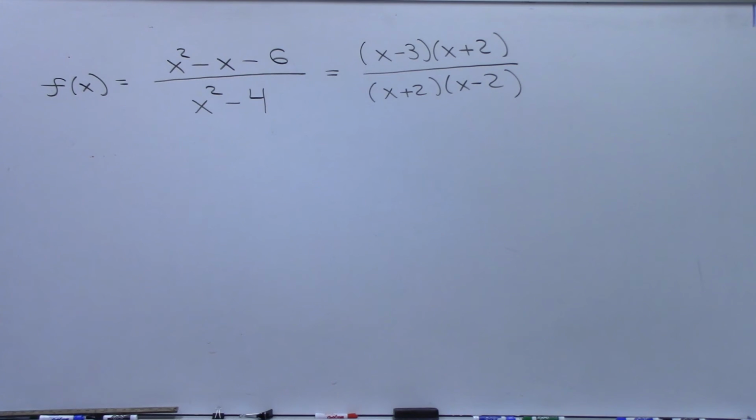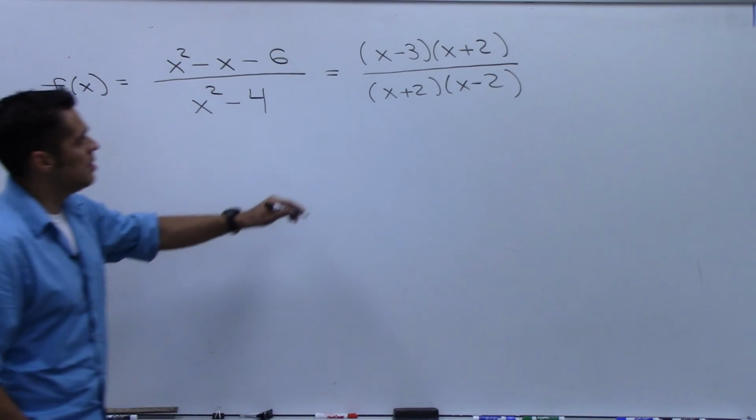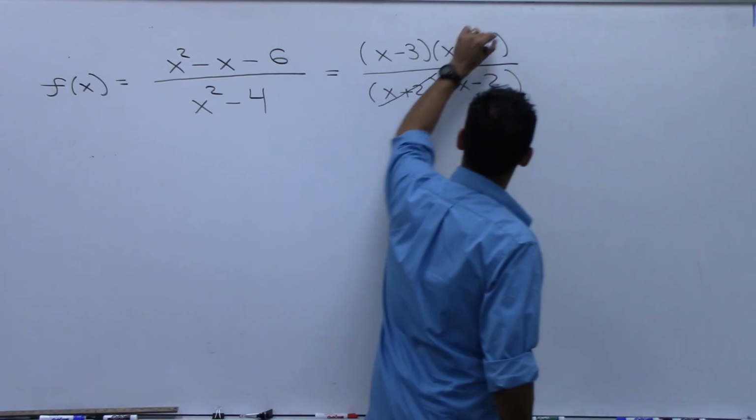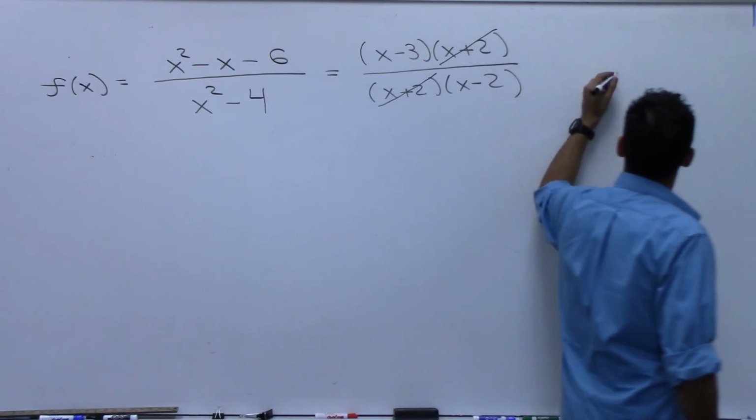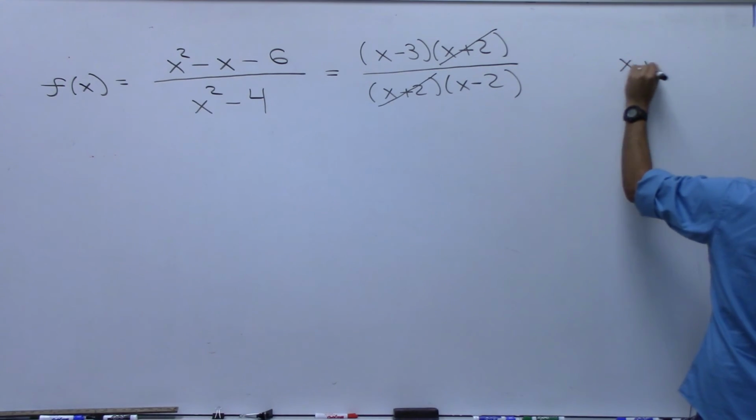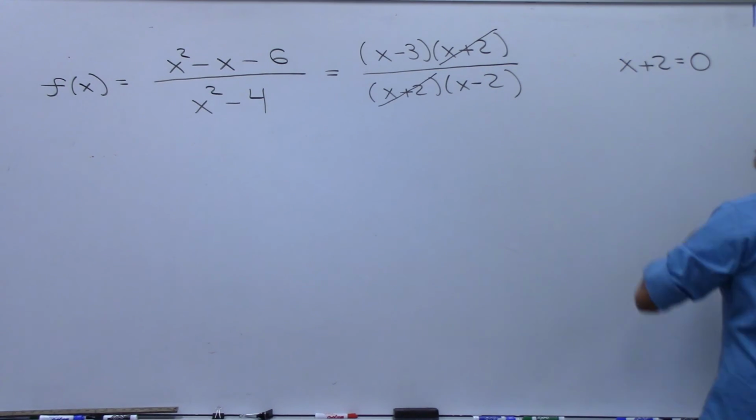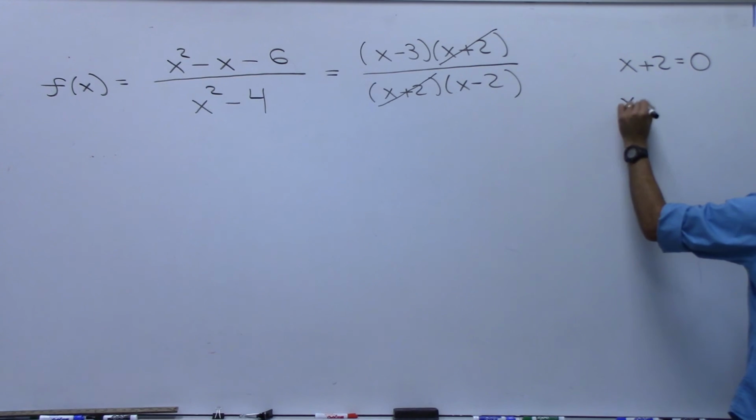Okay, so look at part C. Look for common factors. If you have them, cancel them out, but remember, you will have a hole at the value of x which makes those factors 0. So let's take a look at this. If I factor this out and cancel, I need to remember to set that factor equal to 0 and solve for it.